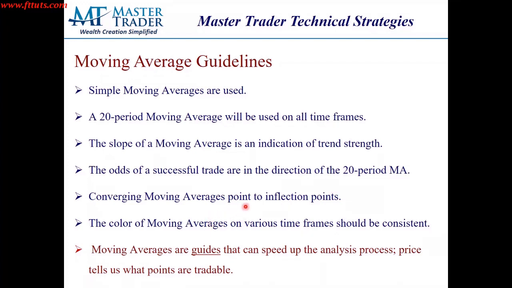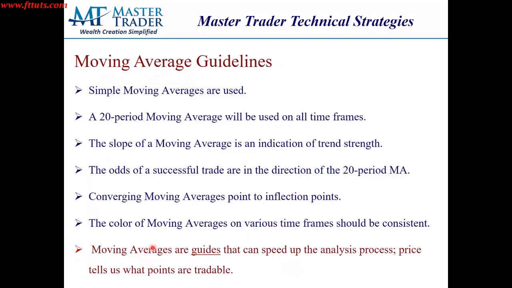Converging averages point to inflection points. Why would that be if they're subjective? Well, because when we're using multiple moving averages and they come together, that means there must have been prices consolidating at that time, and volatility is contracted, and it's likely that it's probably going to start moving again.